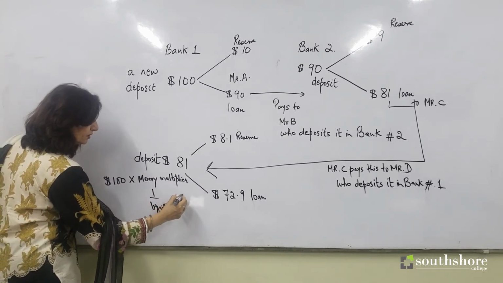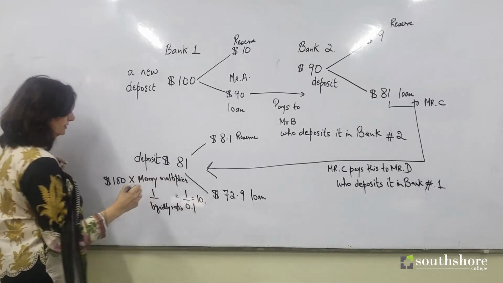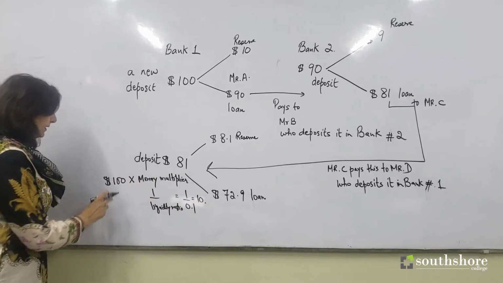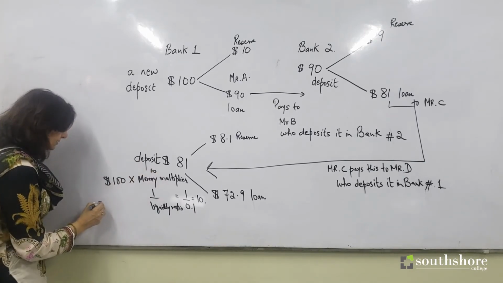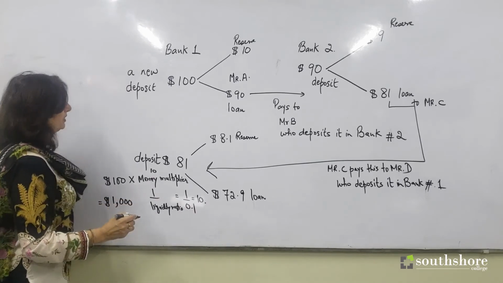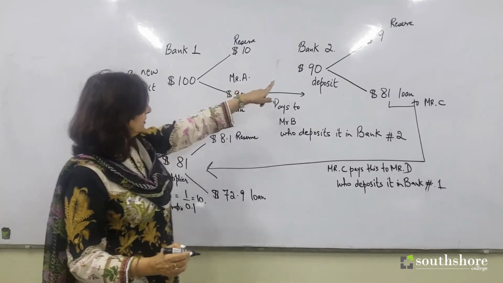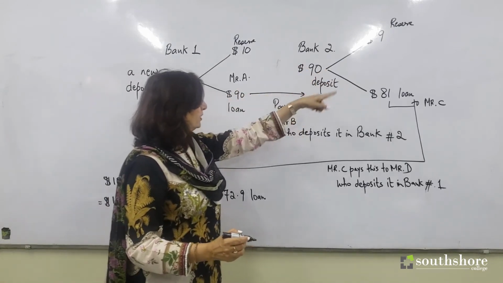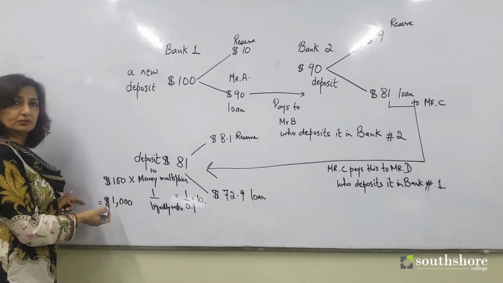So it's 1 upon 0.1, our value came out to be 10. That is the size of the money multiplier. So 100 multiplied by 10, our answer comes out to be $1,000. This means you add up this 100, you add up this 90, you add up the 81, and so on and so forth. When you add up all of that, it will come out to be 1,000.